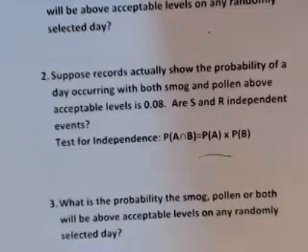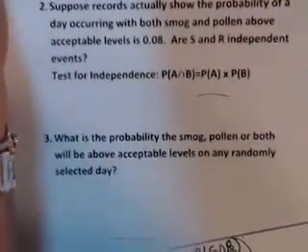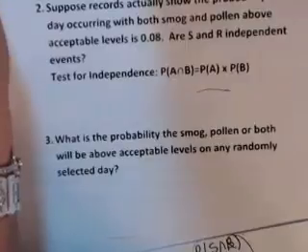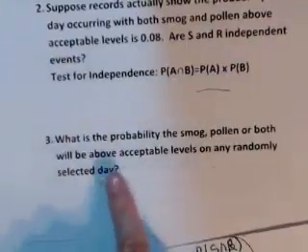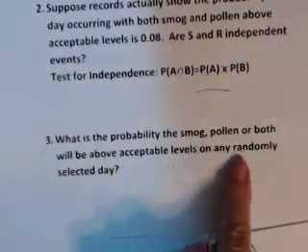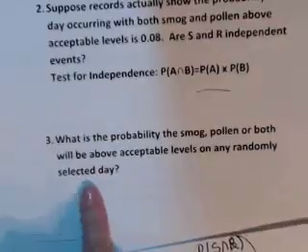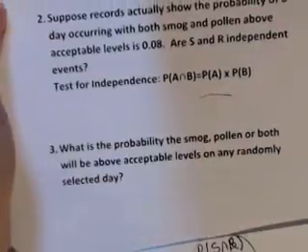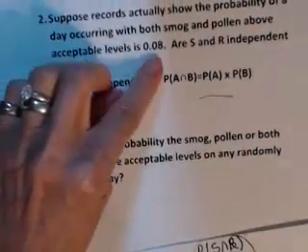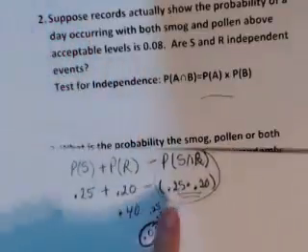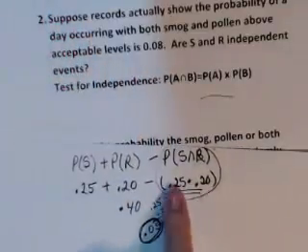So now when we work the problem, and it says, what is the probability the smog, pollen, or both will be above acceptable levels on any randomly selected day, we use the data that was given later in the problem instead of what we calculated.